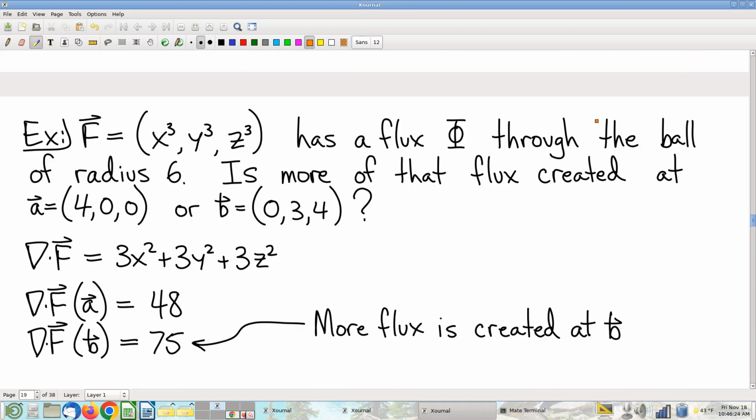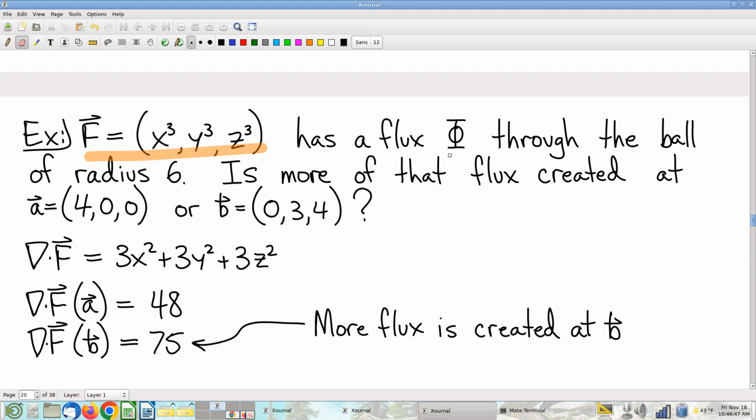And so just take a quick look. I mean, here's an example. We've got a vector field, and it creates a boundary flux through the boundary of a certain ball. Whatever, it doesn't really matter what that ball is. The point is, there is flux being created by this vector field. Boundary flux being created by this vector field.